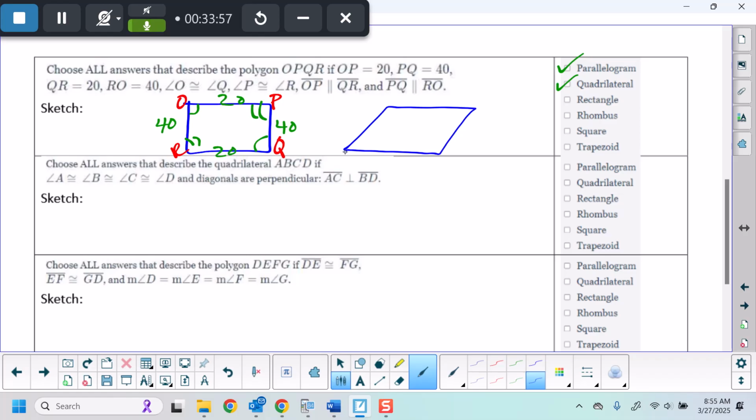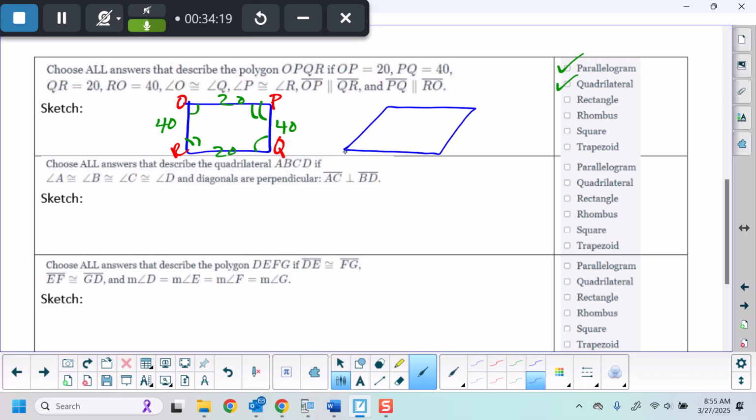Aren't my opposite sides congruent? Now, if they had told me that angles O and P were congruent, then I'd be in business, because then I'd know they were all 90 degrees. But there's nothing to prevent me from drawing that shape like that. So we're going to go with it's a parallelogram and a quadrilateral.